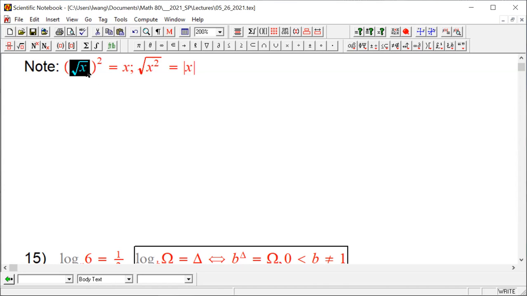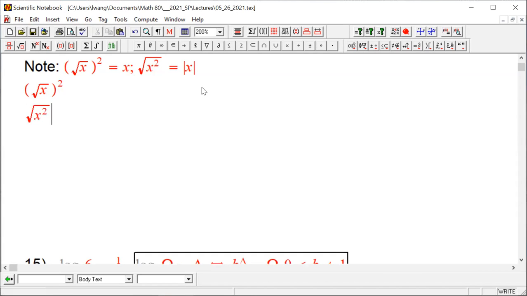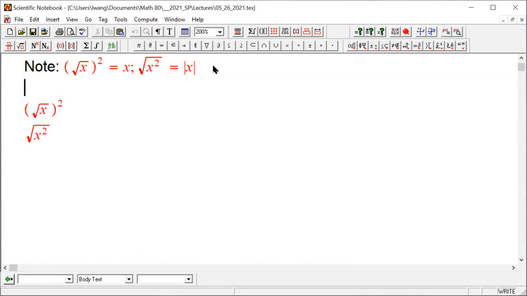You have a square root of x, and then you square it, versus that you square it and then take a square root. What's the difference? From a functions perspective, from the order of operations perspective, on this piece, the order of operations and on this other piece, the order of operations are different.